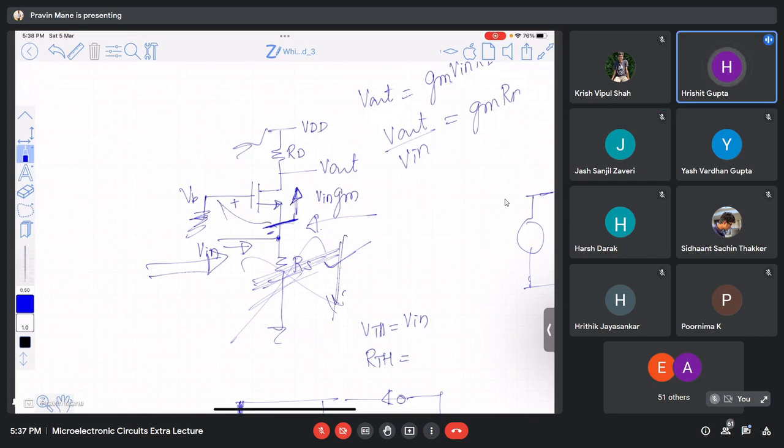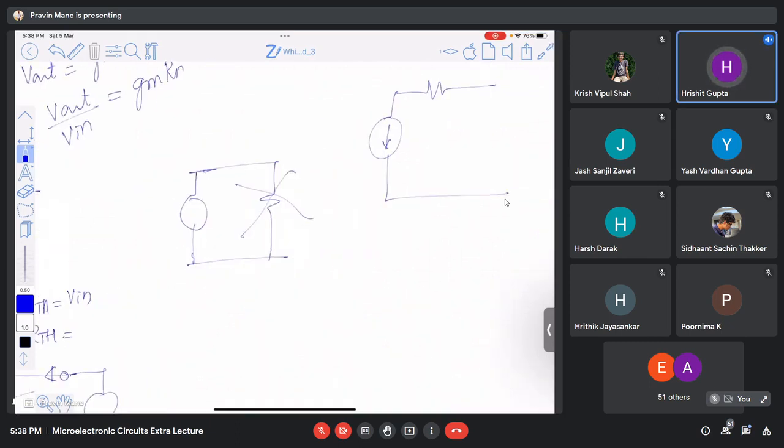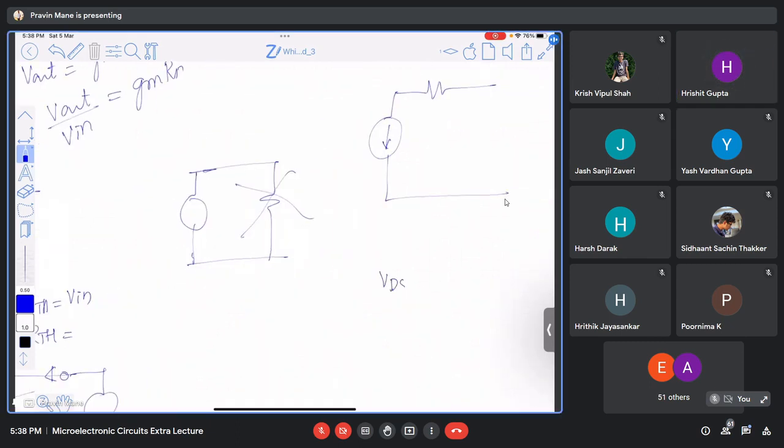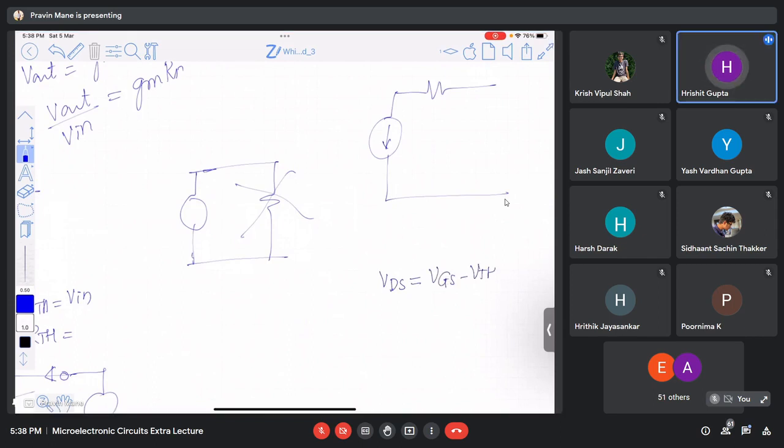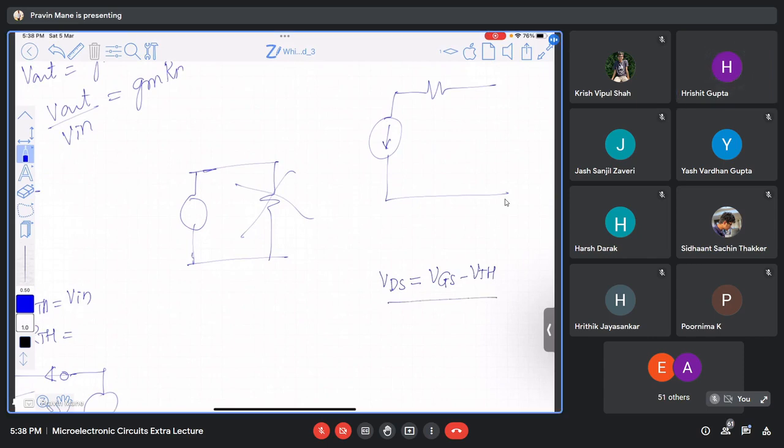Sir, I have one doubt. In an NMOS transistor, VDS is equal to VGS minus VT, right? Yeah, the saturation minimum case. In saturation, the minimum value of VDS is VGS minus VTH. So what would you do for a PMOS transistor? Same condition, but the relationship is that VDS should be greater than or equal to VGS minus VTH, so this value is a minimum value.